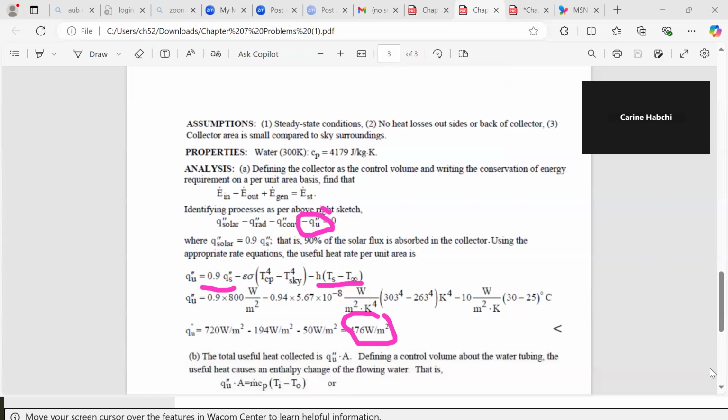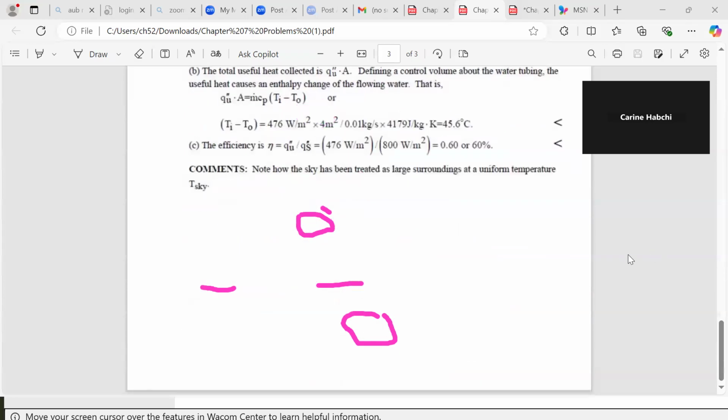For the overall efficiency, you take G, the incident solar flux. What was the amount that I was able to extract? Q double dot useful. So the overall efficiency of my system can be calculated as Q double dot useful over Q double dot solar.